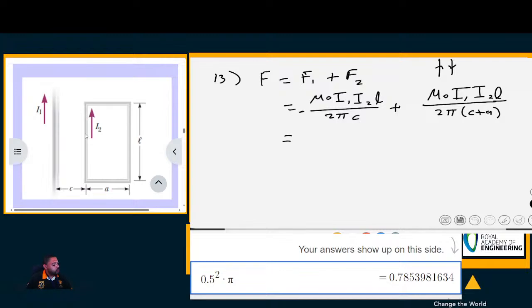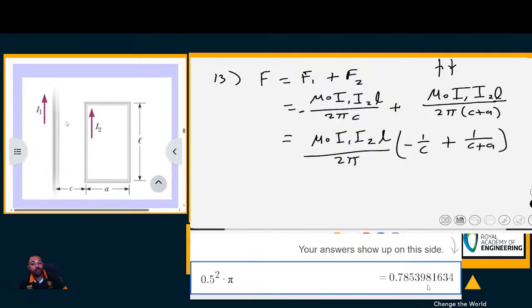So if you were to take out the common factors, mu naught I1, I2, L over 2 pi, you are left with negative 1 over C plus 1 over C plus A. That is what you should be left with, due to the one force being repulsive and the other one being attractive, the two different forces due to the different directions the current is flowing.